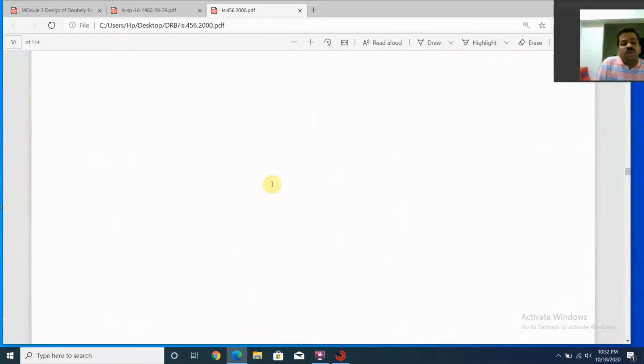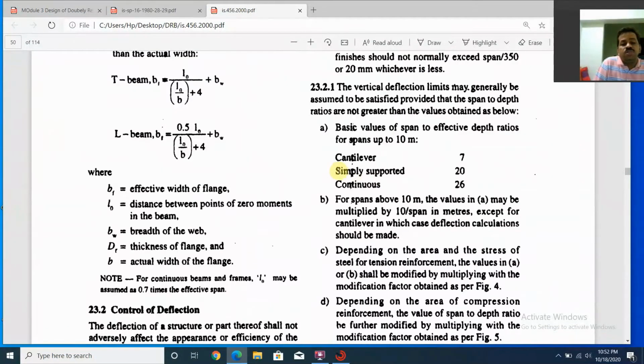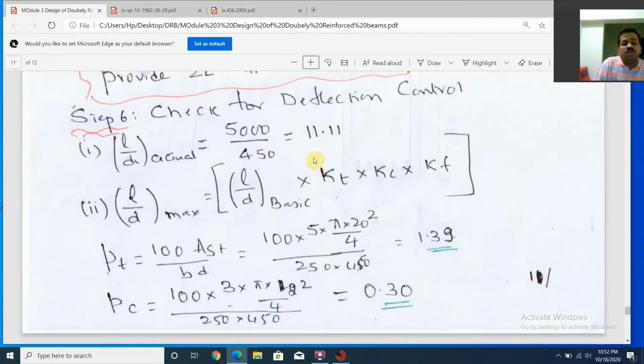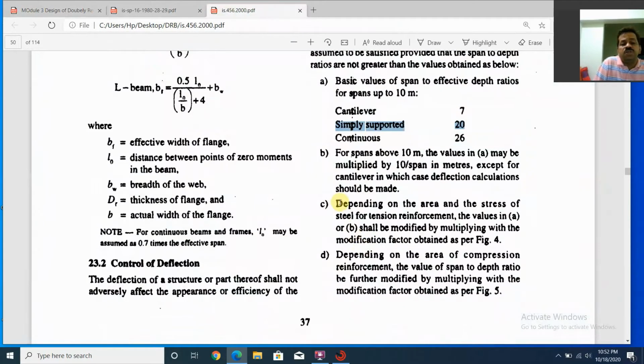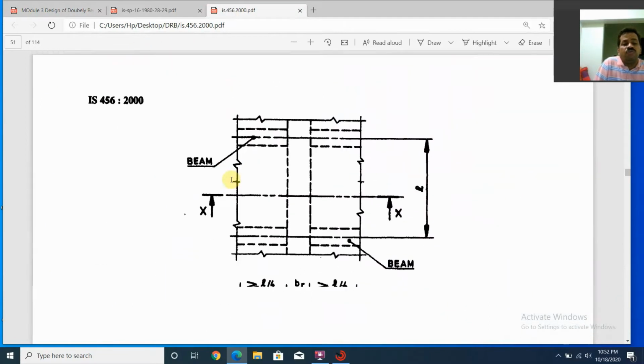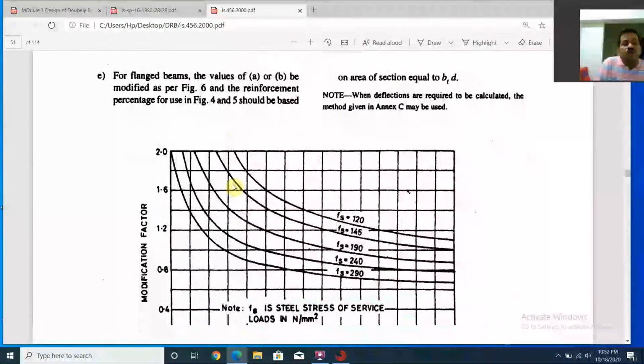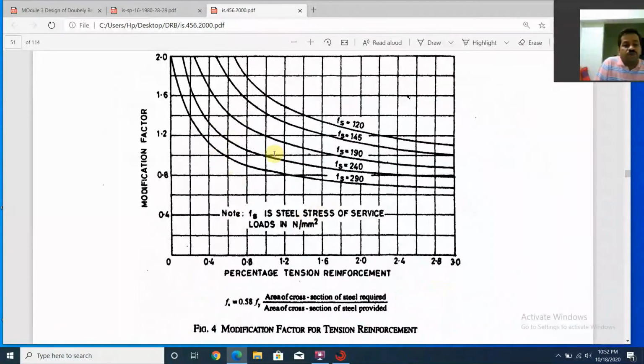Now, the L by D basic for a simply supported beam is given as 20. That's what I've written here. L by D is 20 in this problem, and it depends upon the modification factor depending on the area of tension reinforcement. I refer to figure number 4, a chart we are going to refer to find this out.